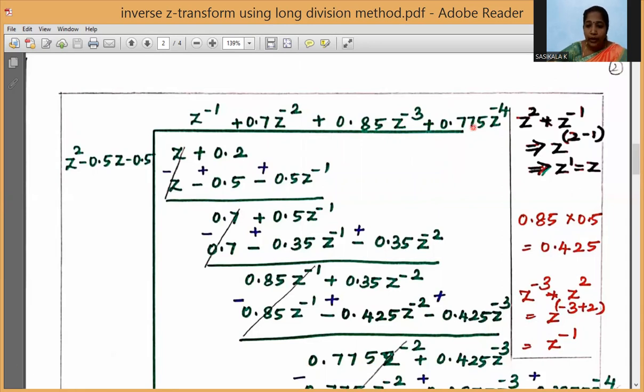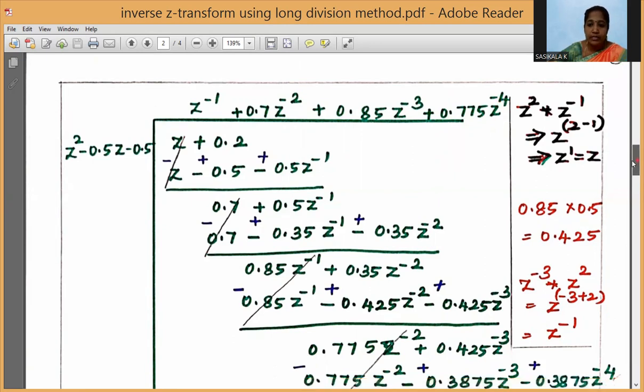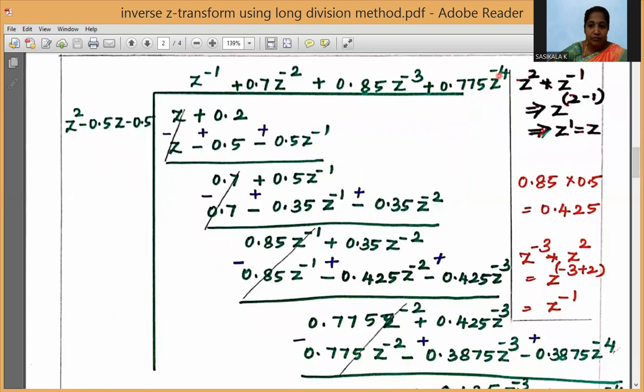And since you are having this coefficient, you have to add that coefficient. So 0.775 z power minus 4 you have to include in the quotient. Okay, now just multiply 0.775 z power minus 4 into z square will give you z power minus 2.